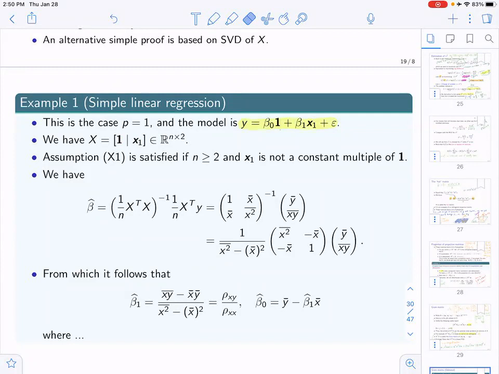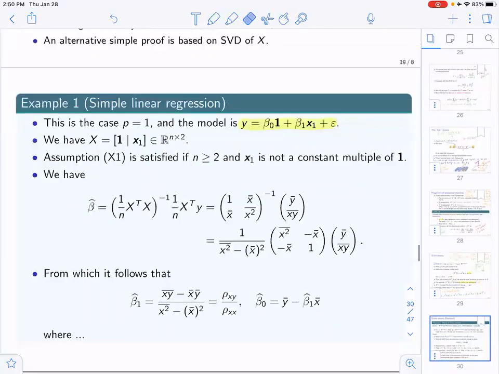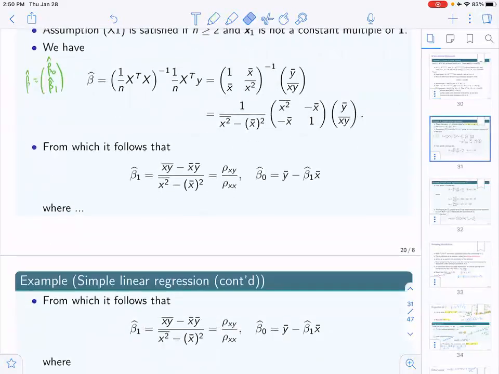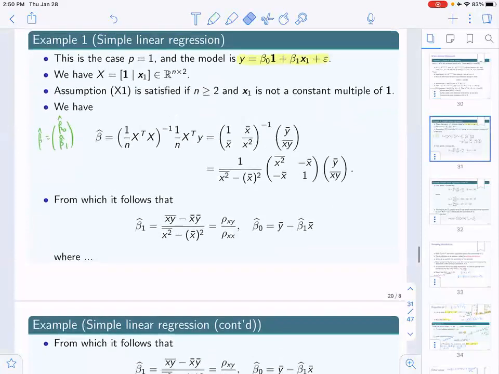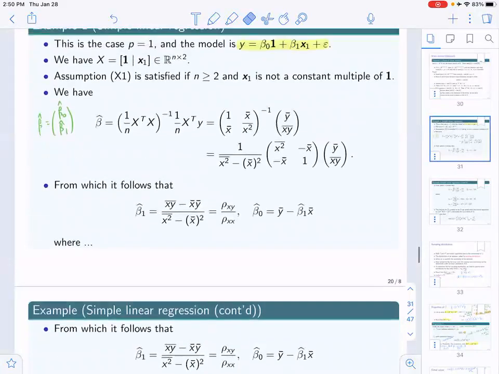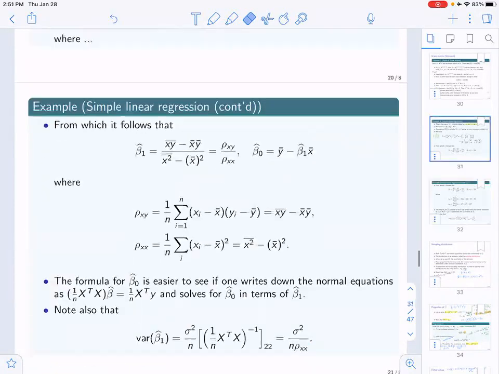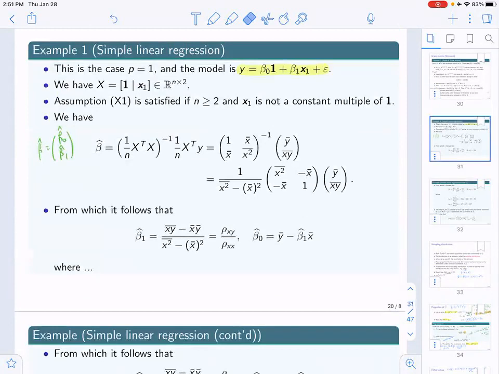If you go through it, you would see your usual expressions for the components of beta, beta hat 0 and beta hat 1, which you usually see in lower division courses. I encourage you to go through it, and there's also some discussion in the lecture videos. I'm not going to spend time on it because this is a very special case, but everything you want to know about simple linear regression follows from the general discussion.